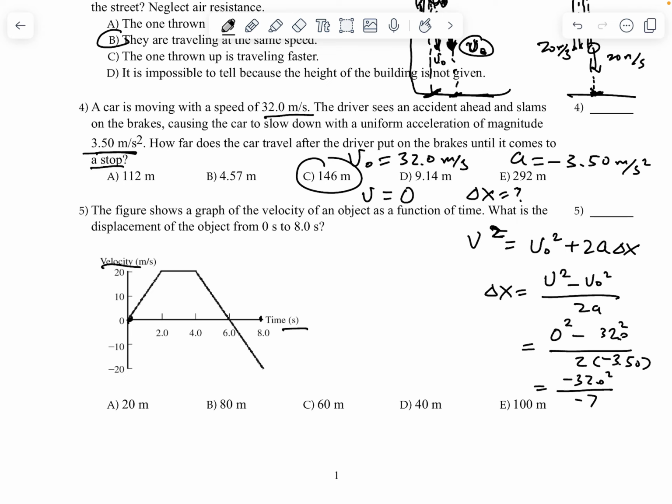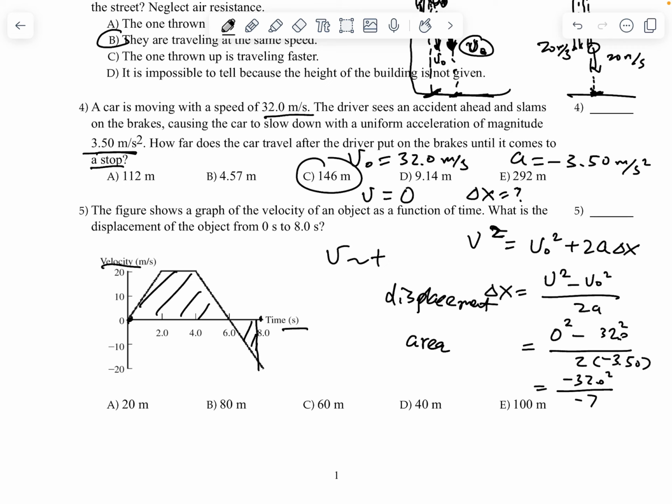Alright, so this is what happened. In the velocity-time graph, the area covered by this graph is your displacement. Just count this area, the total area.